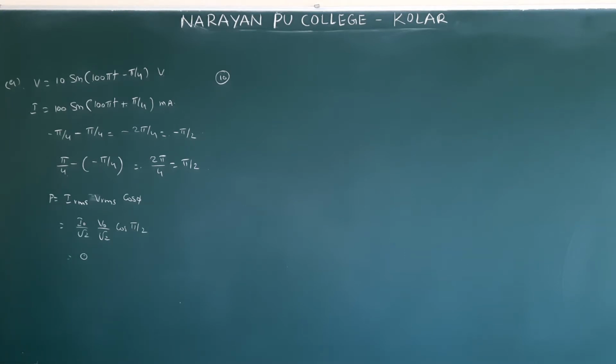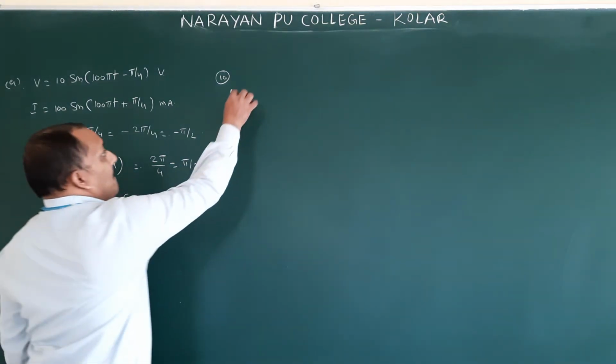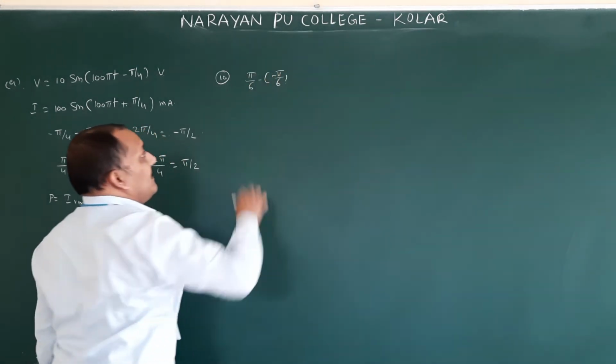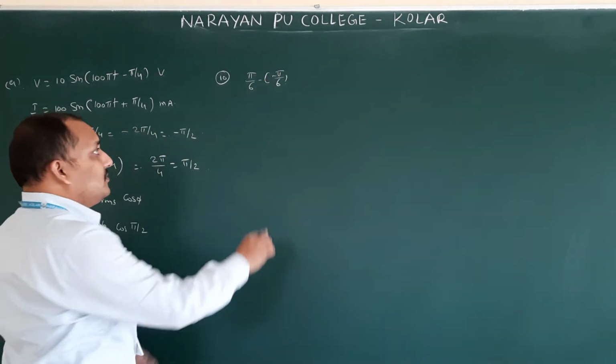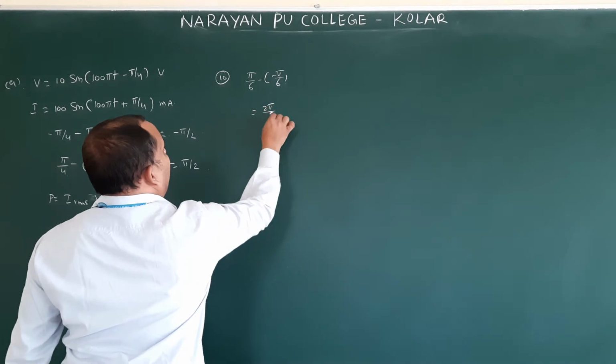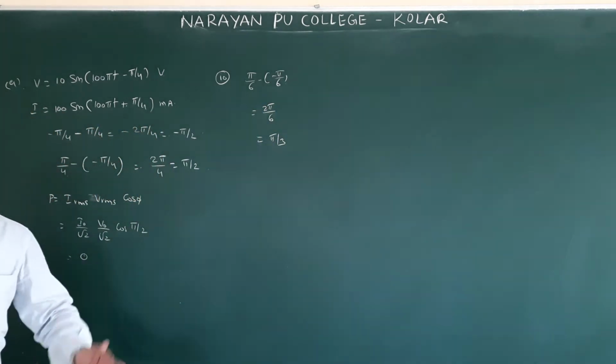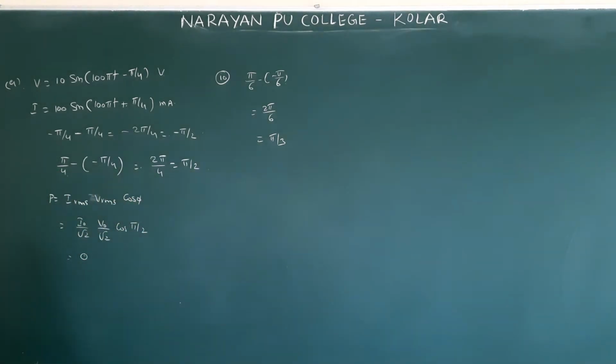We will see. Again, what we should do? Pi by 6 minus of minus pi by 6, that is nothing but 2 pi by 6, so pi by 3. So voltage is leading. Therefore 1 is correct.